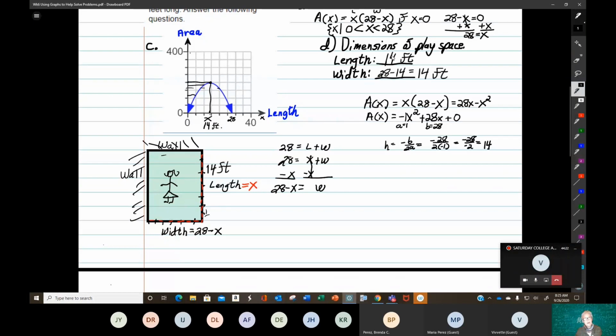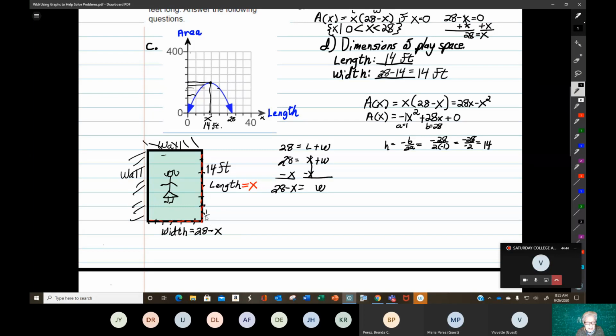And now this is a very interesting finding that you're always going to find is true. If you want to maximize the area of a rectangle, that area is going to be a square.